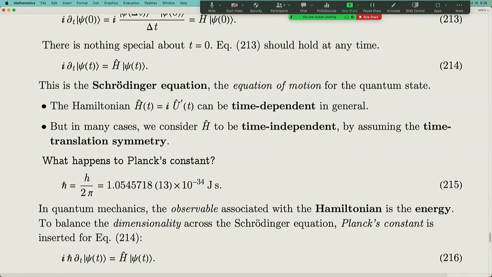If you take the first order derivative, you should still expect that every matrix element is still a function of time in general, right? If you have a function, take a first order derivative, it's still a non-trivial function. So in general, the Hamiltonian operator is a function of time because the unitary operator can depend on time very arbitrarily. So in general, it can be time dependent.